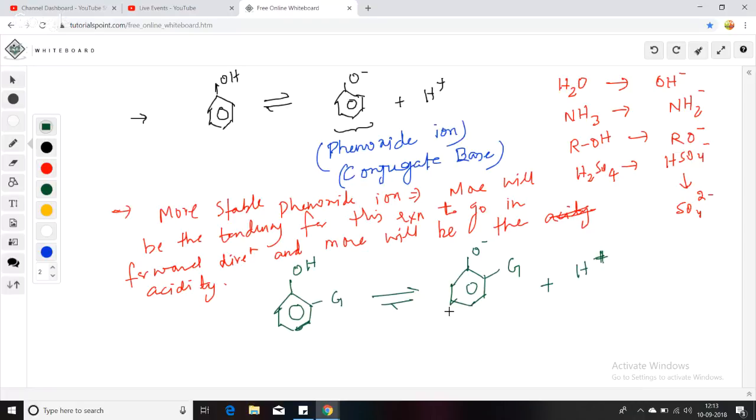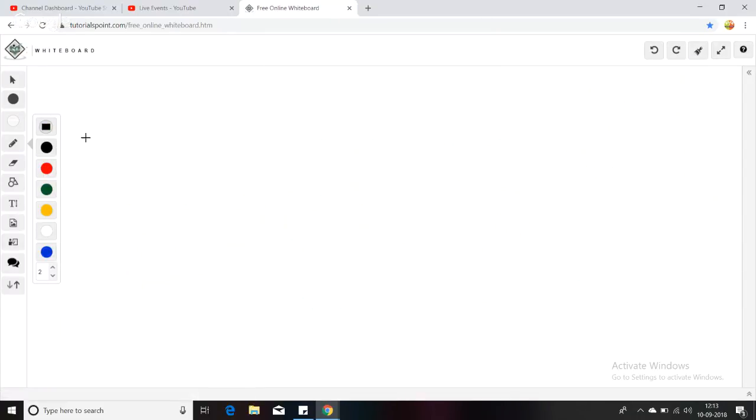So what we can write: electron releasing group decreases the stability of the phenoxide ion, and hence decreases the acidity of phenol. I'll write down this fact that you have to keep in mind.